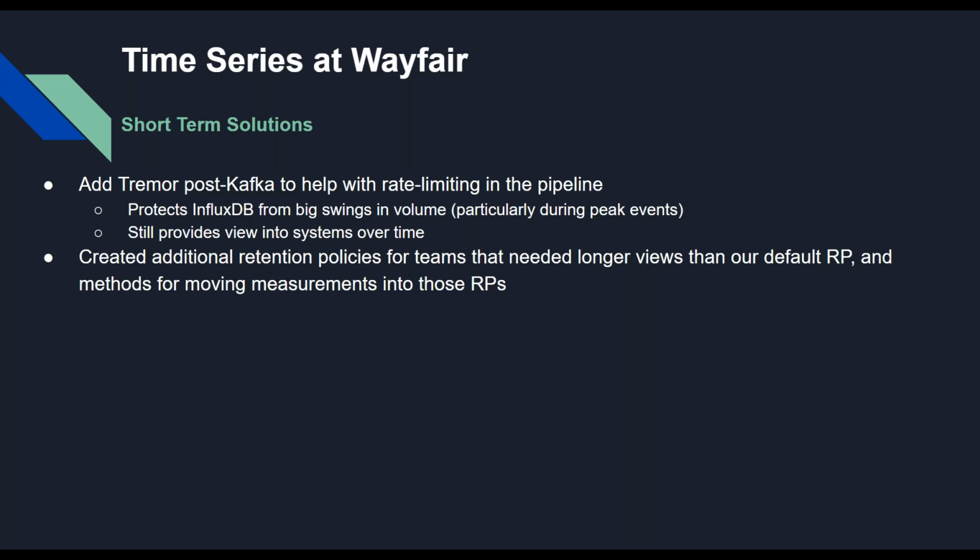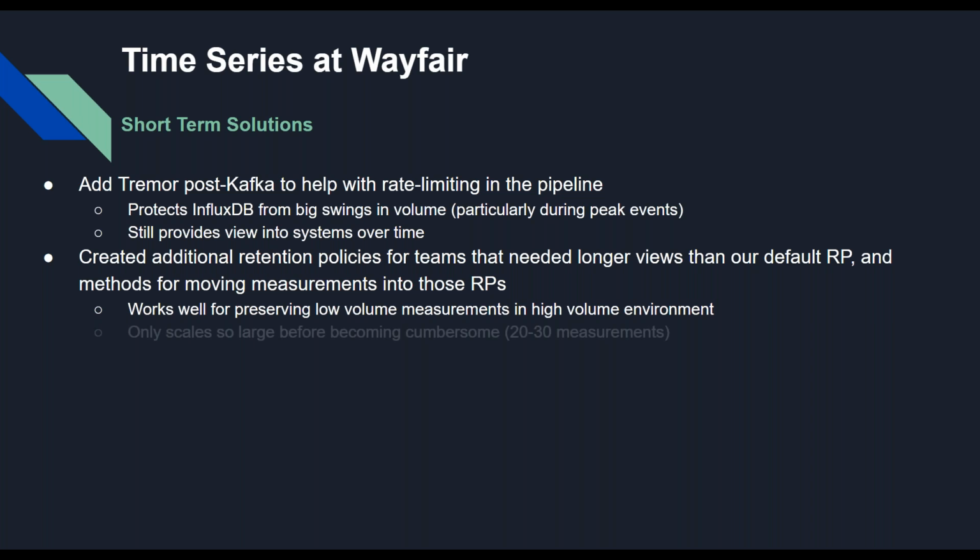What we also did in terms of short-term fixes was to create some additional retention policies within our InfluxDB clusters and some scripts to move data between them. And this was a great solution for some really low volume measurements that we had within our big high volume environment.